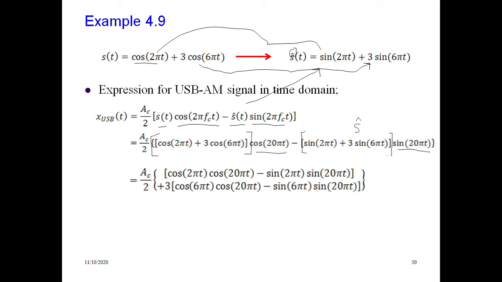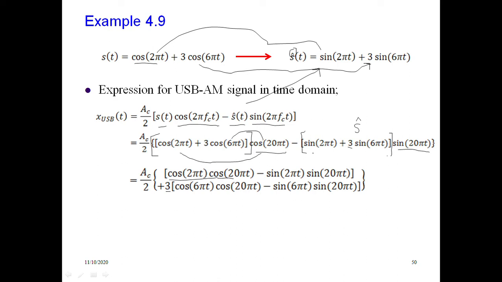When we multiply one by one, cos 2πt and cos 20πt, you get the first one. And then 3 cos 6πt with cos 20πt. But in this one, they put the same 3, this one and this one.